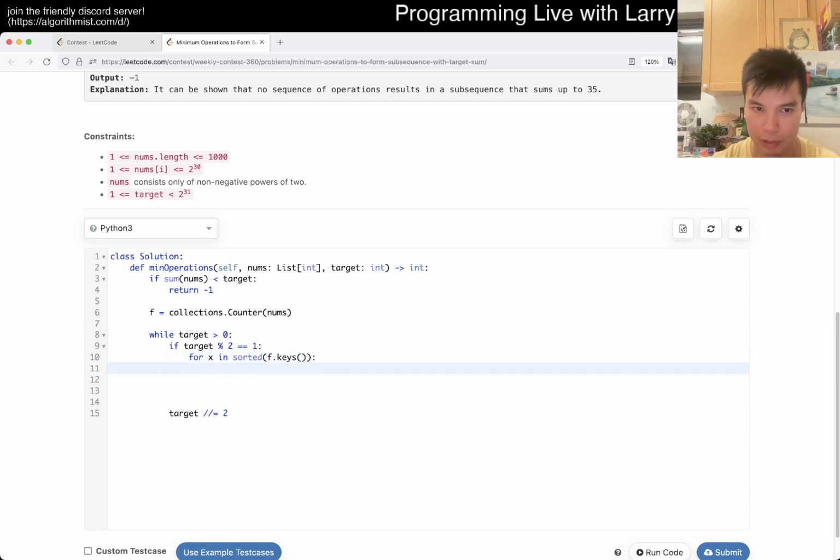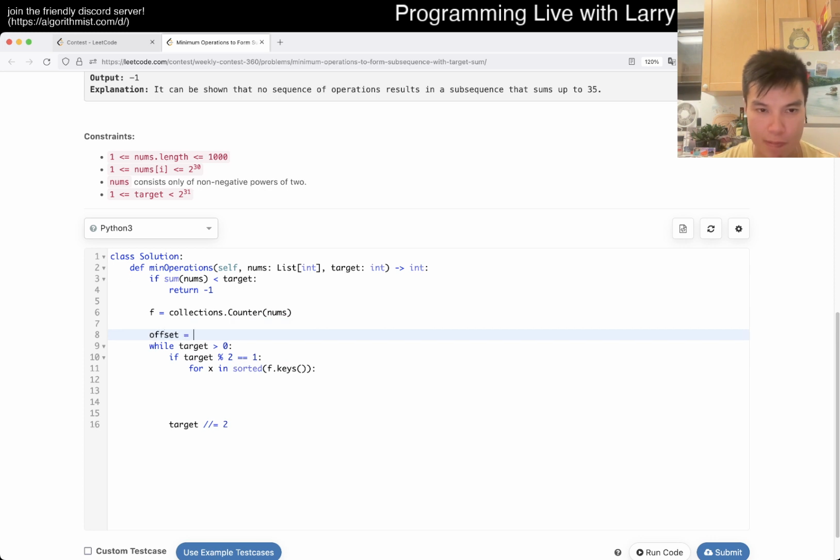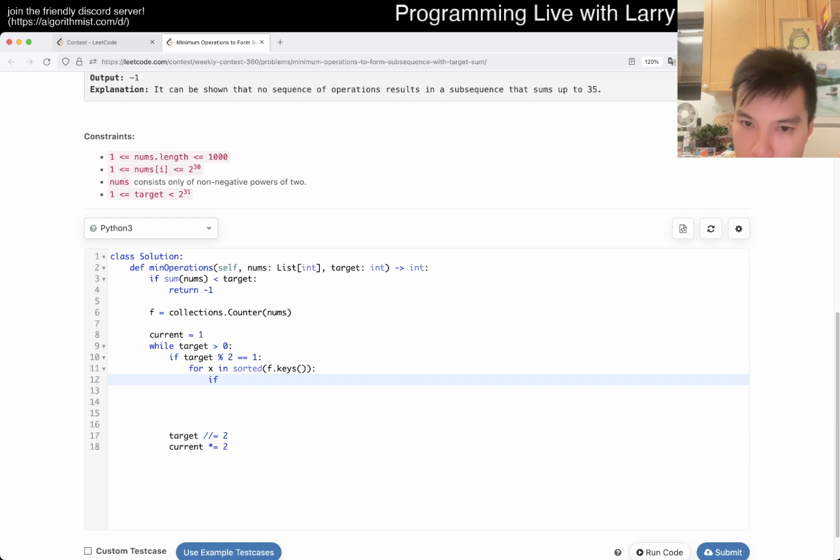These are all powers of 2, so... if x is greater than or if current is greater than or equal to x, then we break.